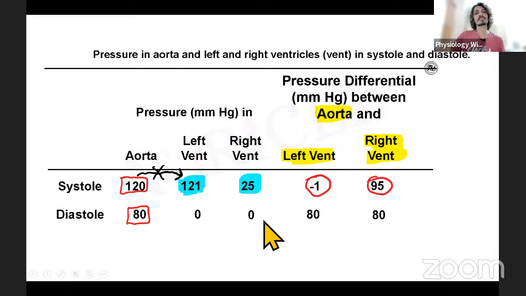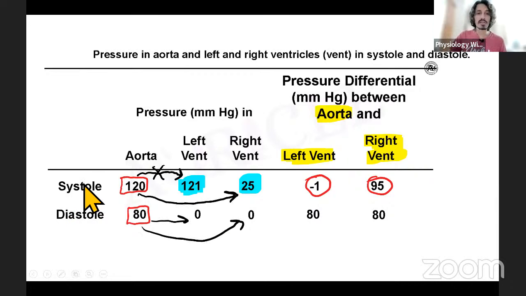The only thing is during systole, the pressure difference between the aorta and the left ventricle will not allow a flow for the coronary circulation, because the pressure inside the left ventricle is higher than the pressure from the aorta going into the heart.